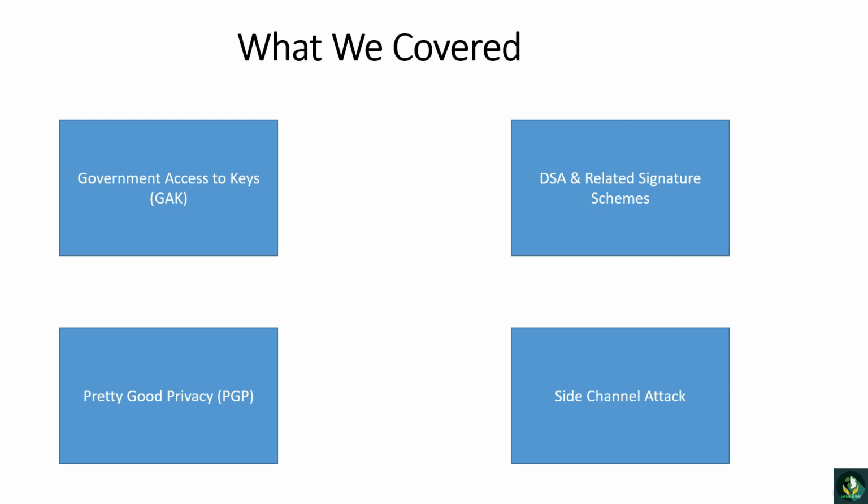I also wanted to mention side-channel attacks, those physical attacks on the actual crypto device itself, not the algorithm but the device. Researchers have figured out ways to crack information without cracking the algorithm, just by attacking the device and how it implements the algorithm, using things like heat signature or electromagnetic emissions.